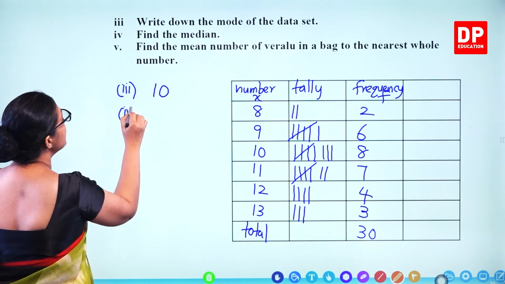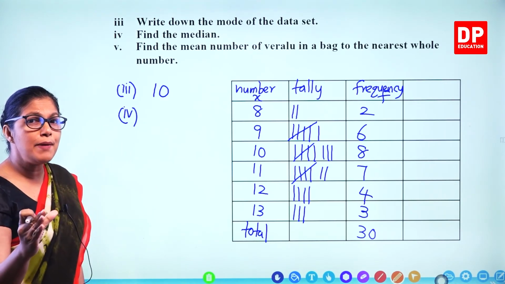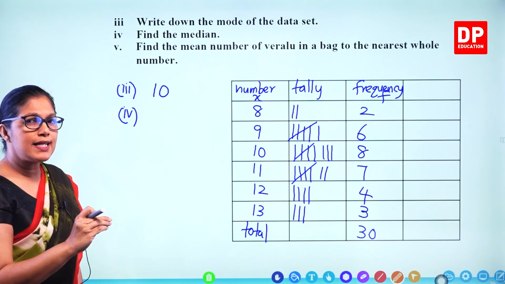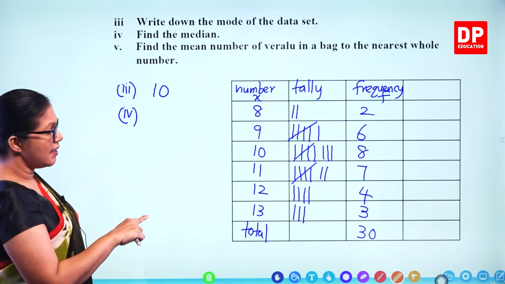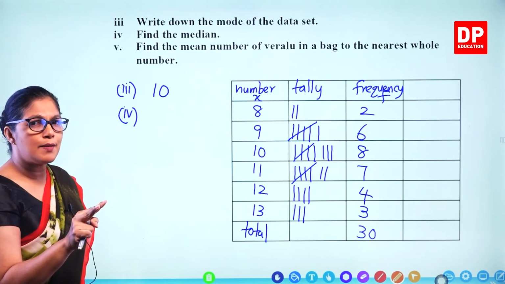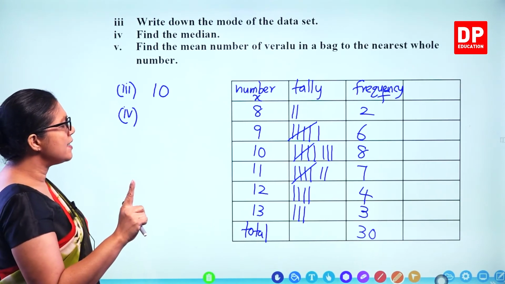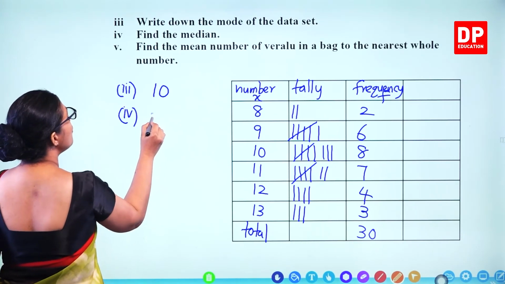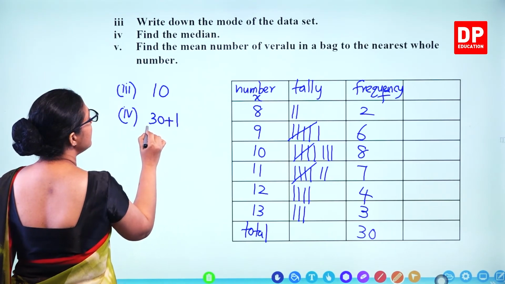Find the median. This is 30, an even number. Median means when you arrange the data set in order, you get the middle term. But if it's an even number, you get two middle terms. So you add and divide by 2. So how do you get the two middle terms? You take 30, add 1, divide by 2.